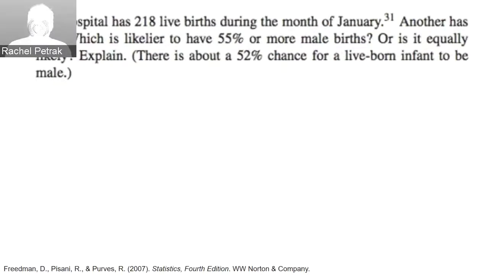One hospital has 218 live births during the month of January. Another has 536. Which is likelier to have 55% or more male births? Or is it equally likely?